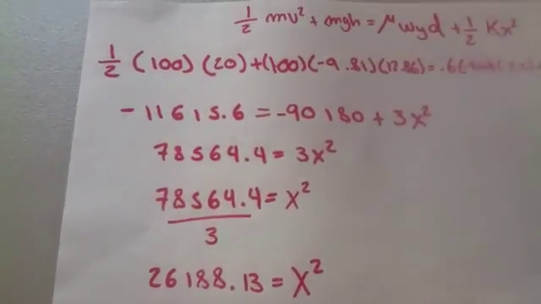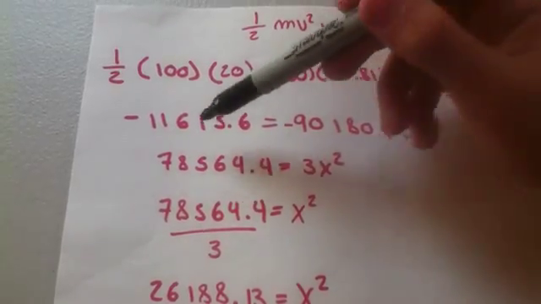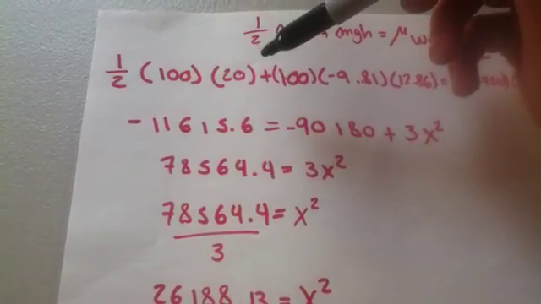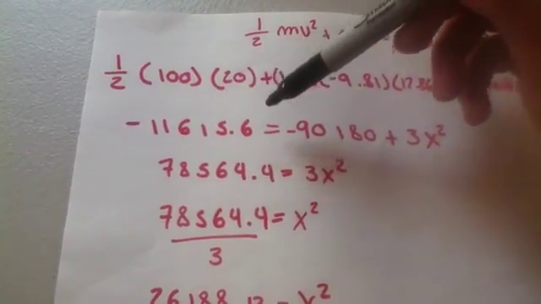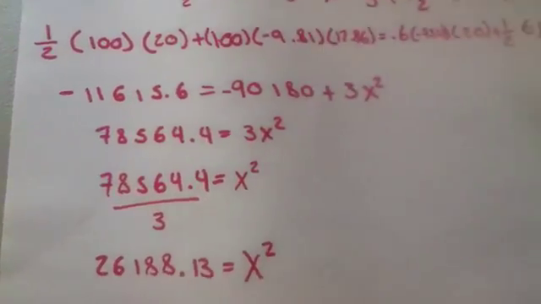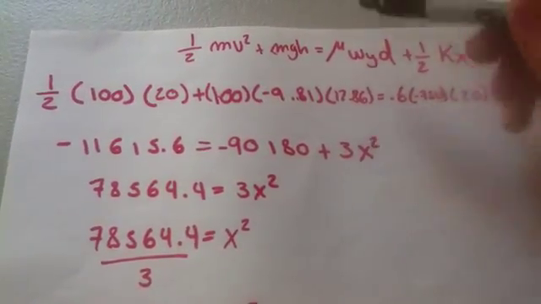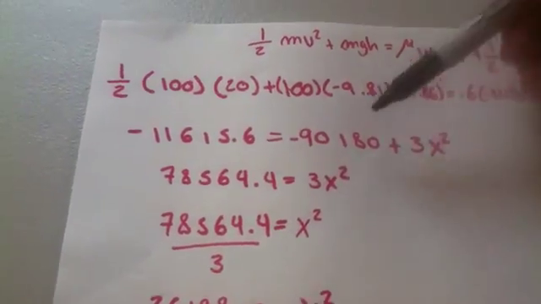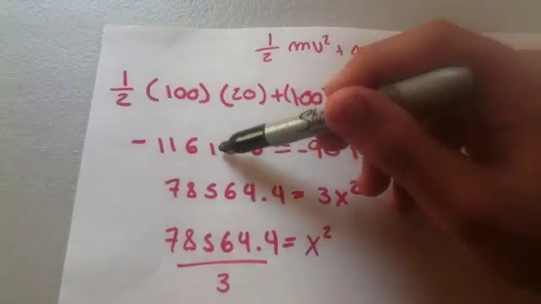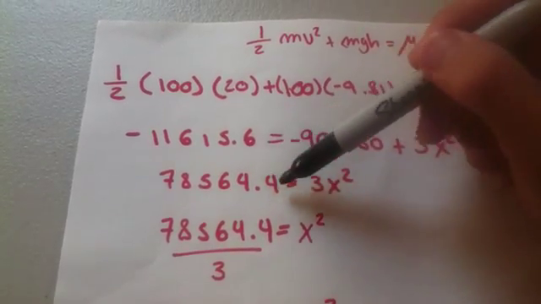Now let's solve for x. If you do this multiplication in your calculators, you should get this number, right? 116,000. Oh no, wait, 11,615.6. That will be equal to, again, this multiplication should give you this, times 3x squared. Now, the next step is adding this number to this number, and it should give you 78,564.4.